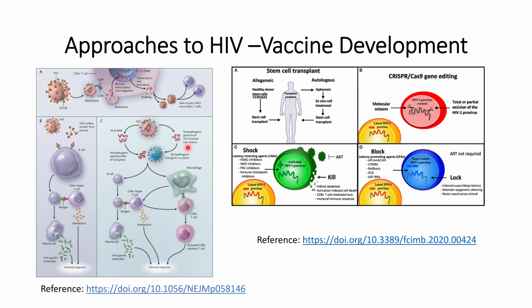The second approach is about using non-pathogenic genes from the HIV virus in a vector, and then transfecting it into humans.